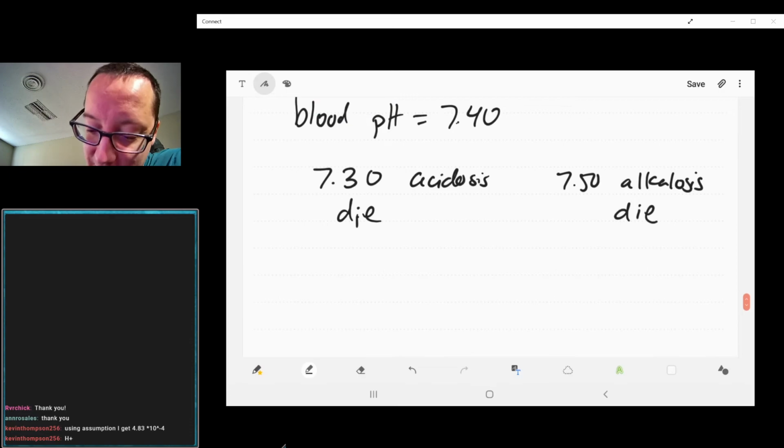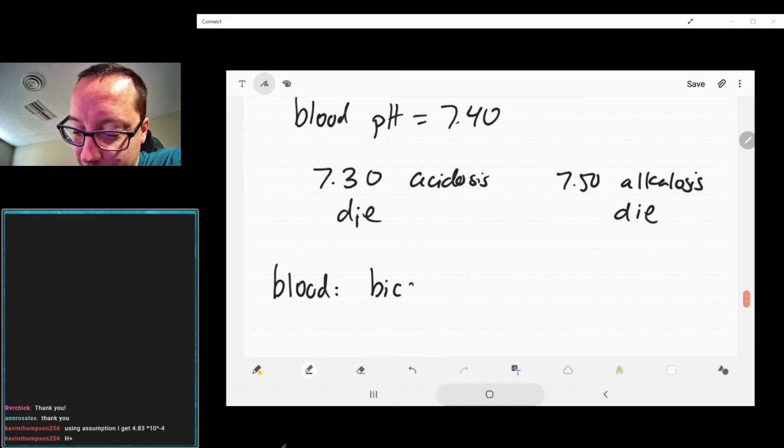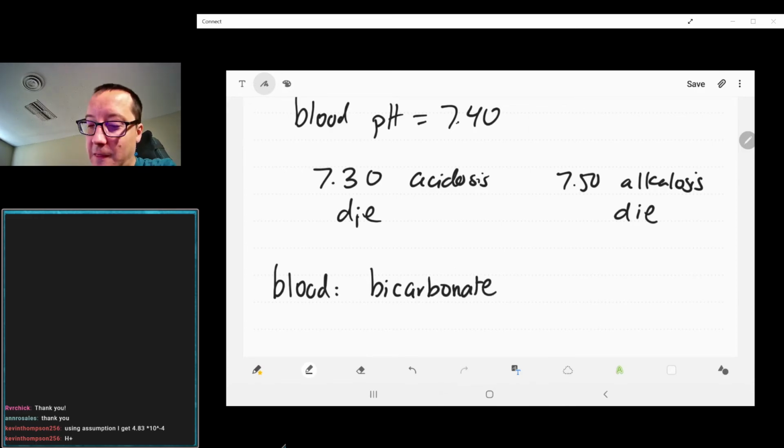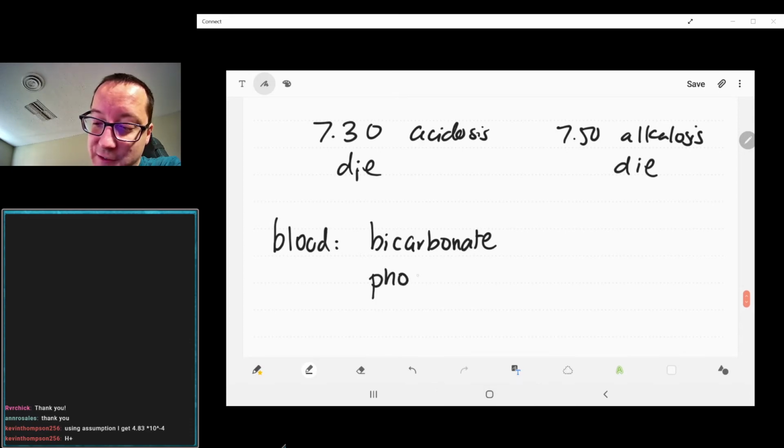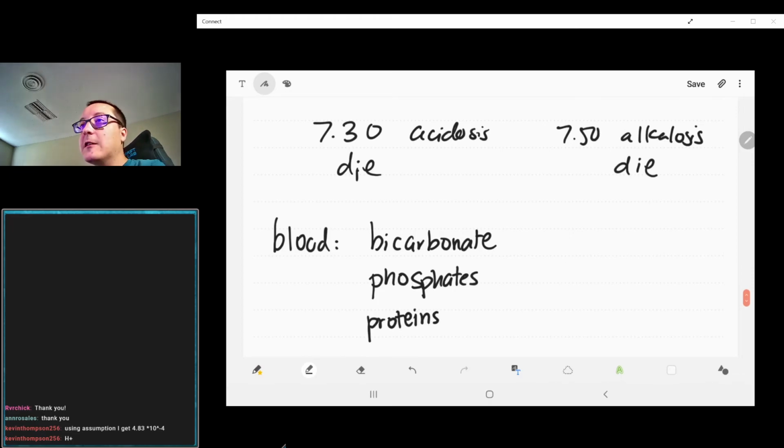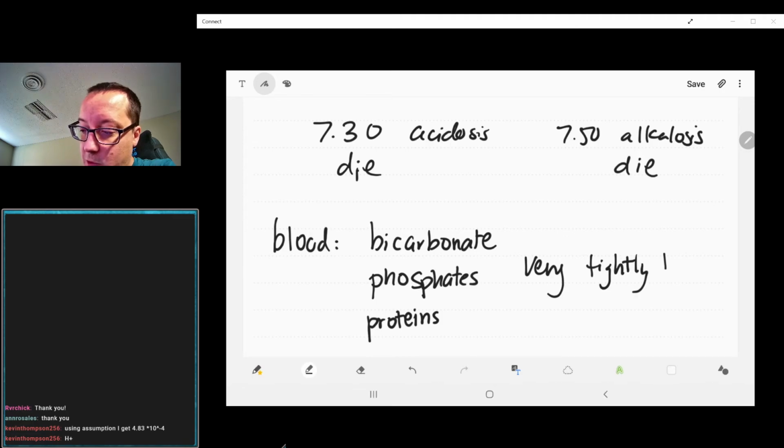So the blood, for example, has the bicarbonate buffer. It has significant concentrations of bicarbonate in there. Also of various phosphates. And then proteins also work as buffers. So you have these 3 kind of buffer systems in place that very tightly hold blood pH at 7.4.